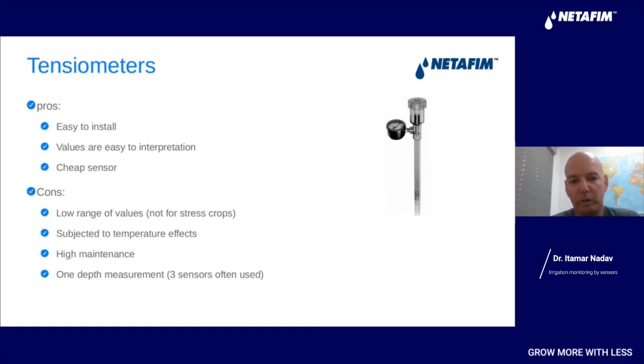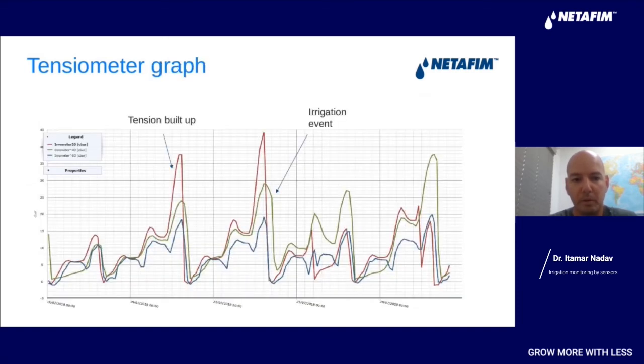And it's very subject to temperature effects, as I will show in a second. It also needs a lot of maintenance because it's filled with water, and you need to once in a while refill the tensiometer with water. And it measures only one depth, so you need three of them in order to measure the entire soil profile or the root zone.